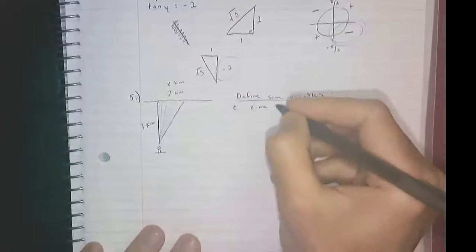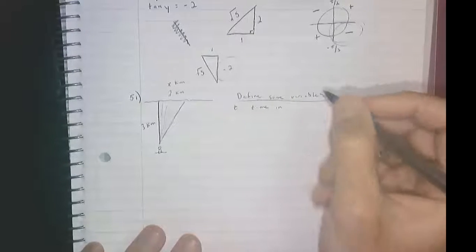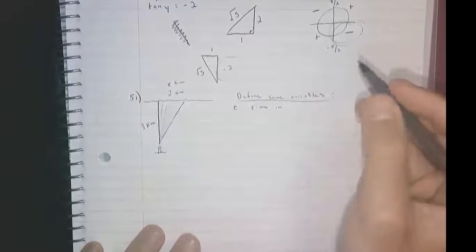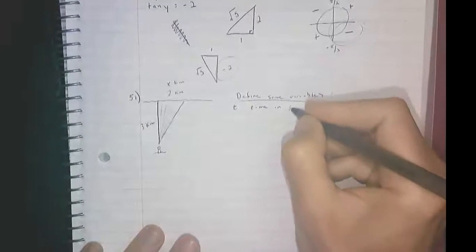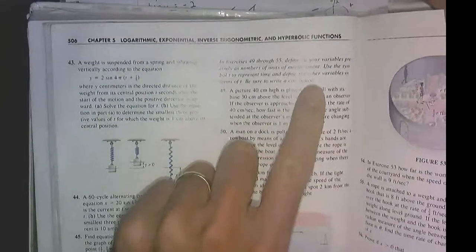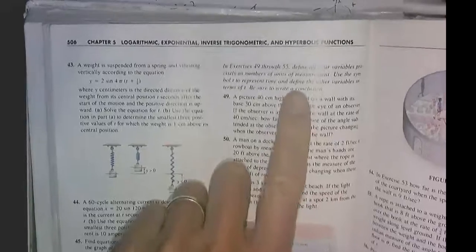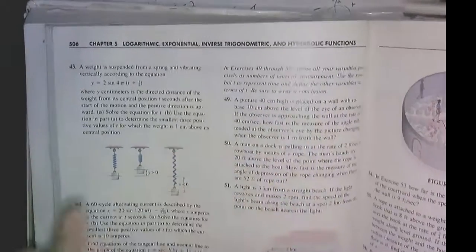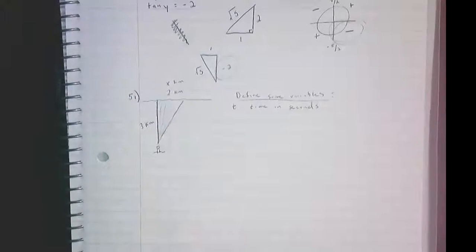I'm going to go in seconds just because I feel like most related rates problems are usually in seconds. So time in seconds. Because they do tell us at the top of this section, in exercises 49 to 55, use the symbol t to represent time and define the other variables in terms of t. Okay, everything is being defined in terms of t.